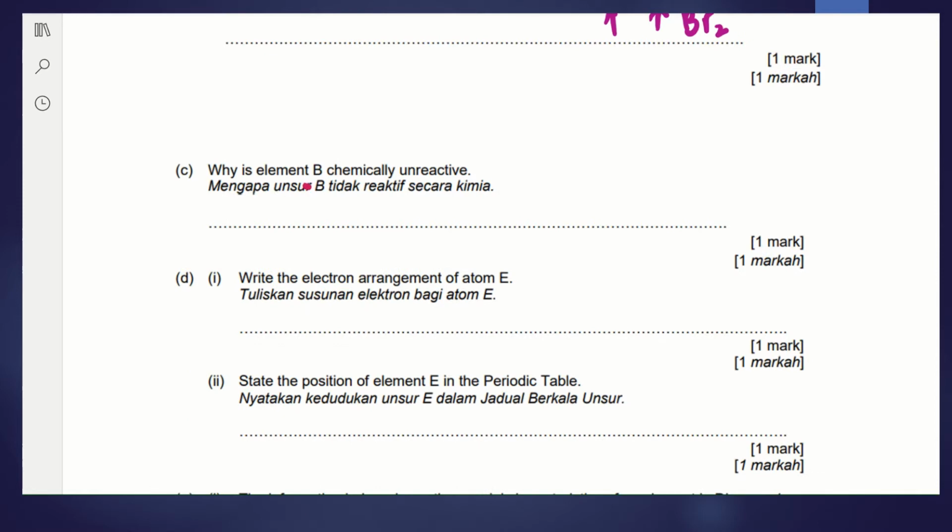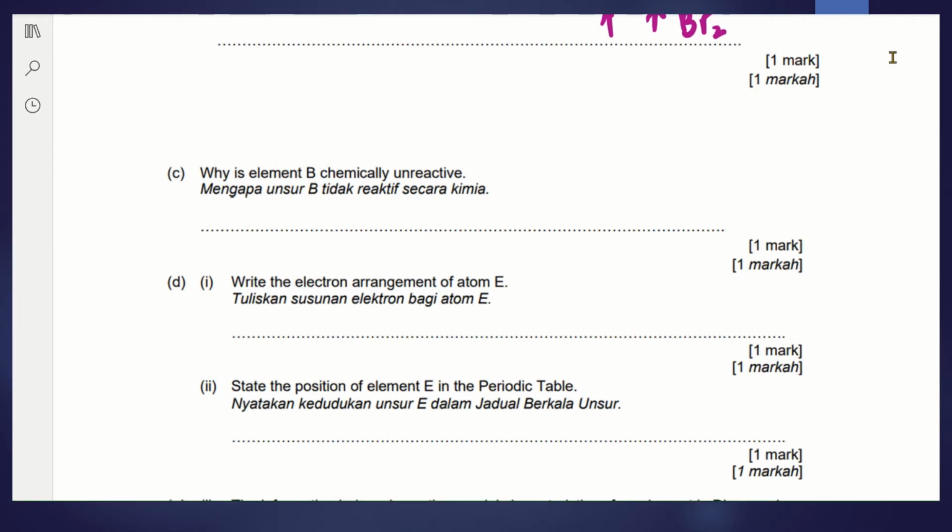We continue. Element B is monoatomic. We continue for C. Why is element B chemically unreactive?